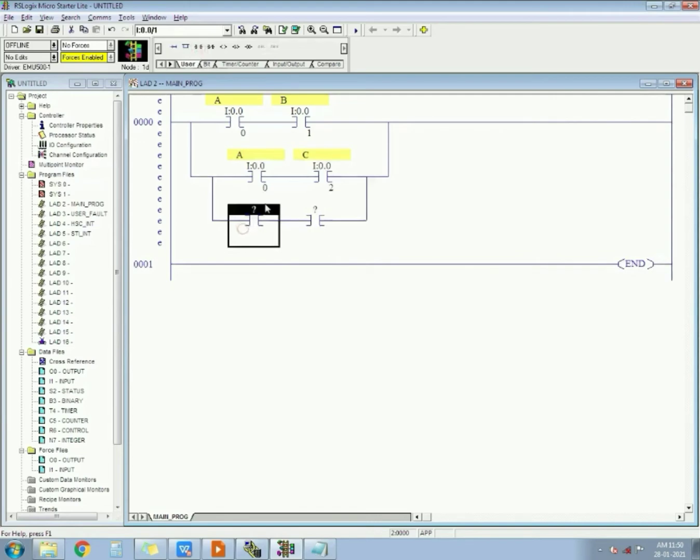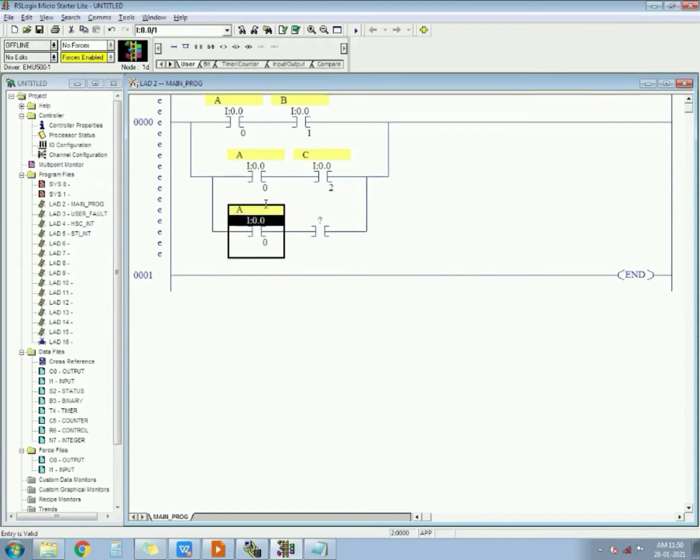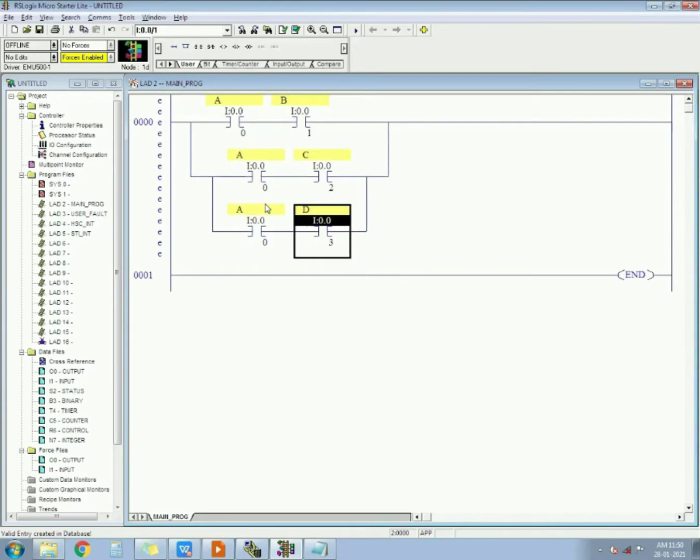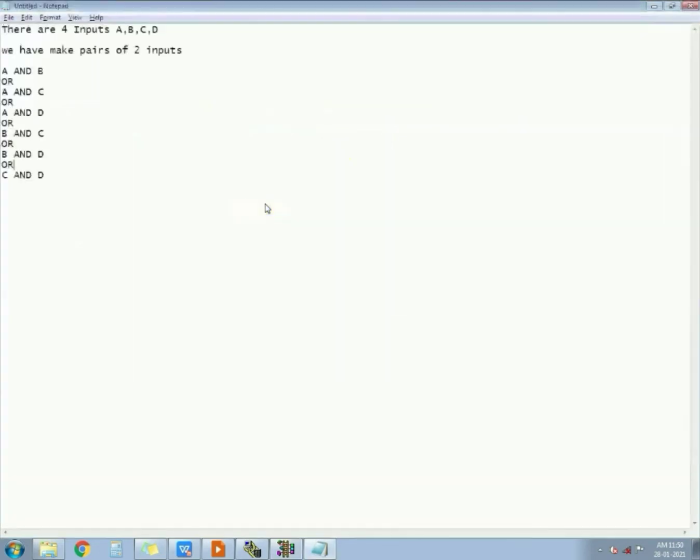So this is again A, I1:0.0/0, and I1:0.0/3. So it is D, A and D. So these are the 3 combinations.